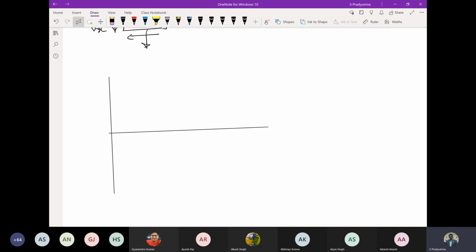So I locate point A with sigma x comma tau xy, and point B with sigma y comma minus tau xy. Okay, I can join these two points. So this is actually the center of the Mohr circle, C.